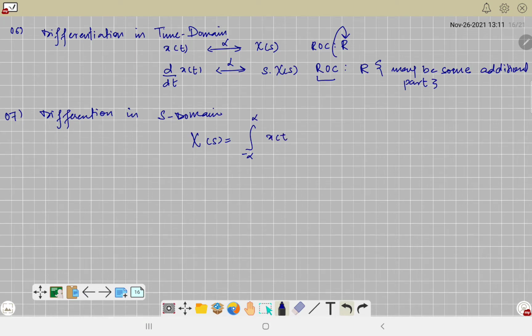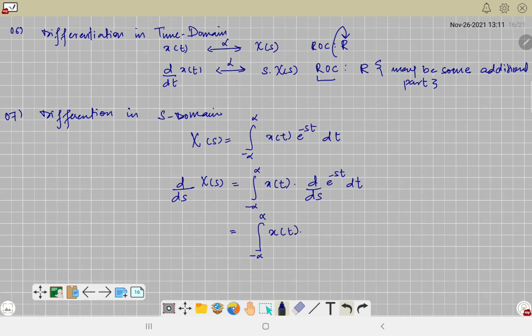So we have this kind of thing, e raised to the power minus s t dt, and if I find a derivative, say d by ds of x of s, it is with respect to s, so we will do nothing with x of t, and derivative will apply to this thing. Okay. So minus infinity to infinity x of t will stay. इसका derivative is again e raised to the power minus s t multiplied by the derivative of this, that is minus t, then dt.